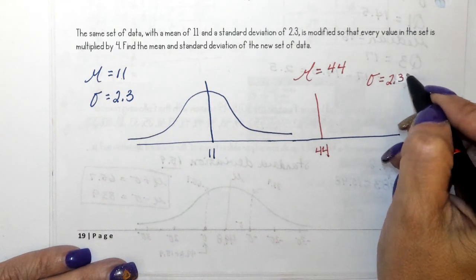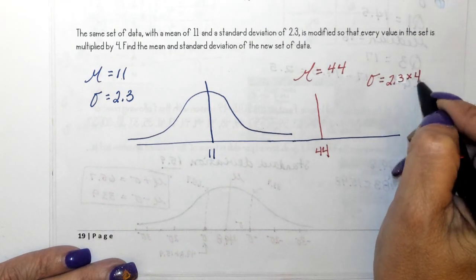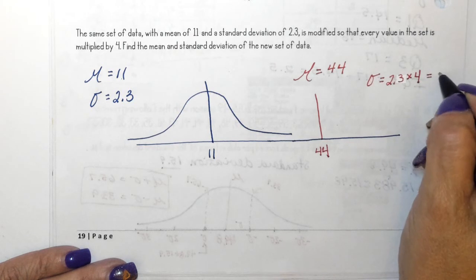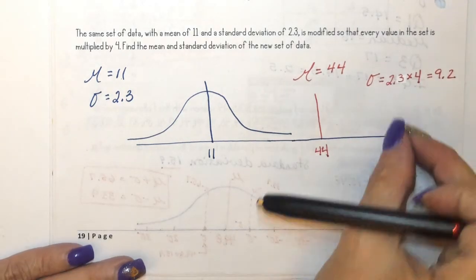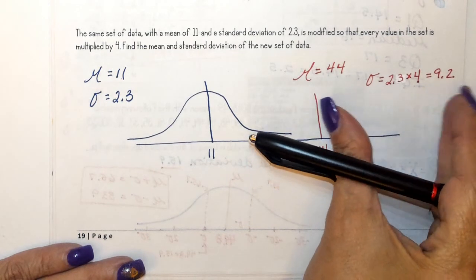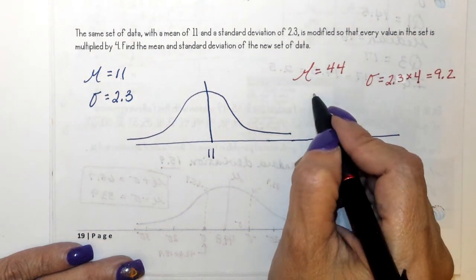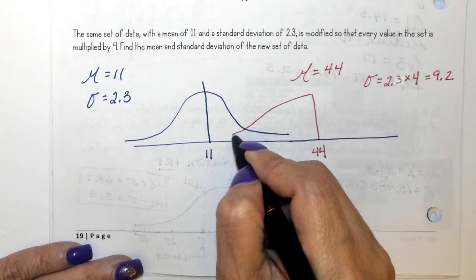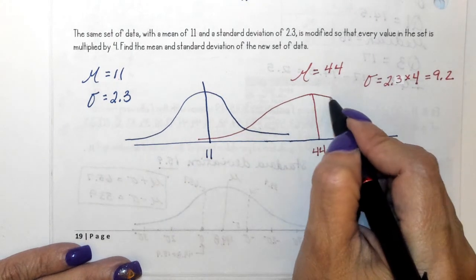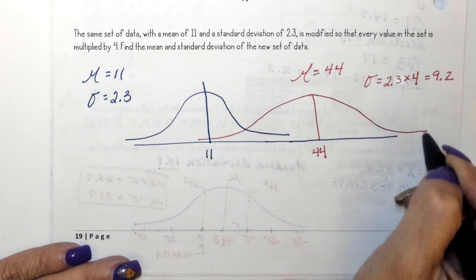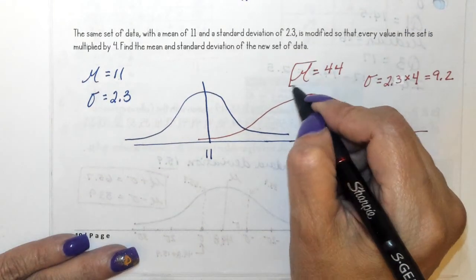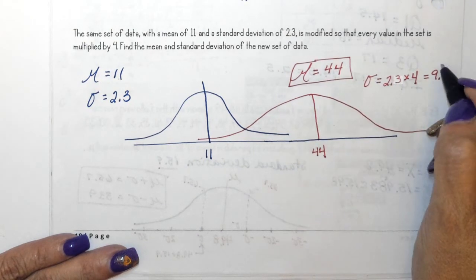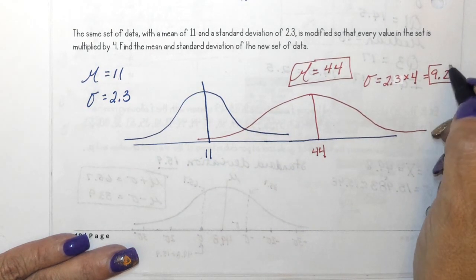That means the data is now more spread out. So it might look something more like this. Find the mean and standard deviation of the new set. Well, here's the mean of the new set, and here's the standard deviation of the new set.